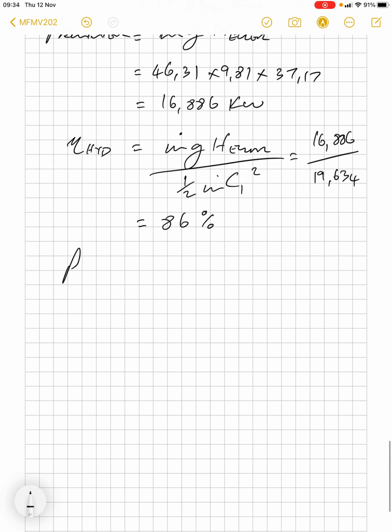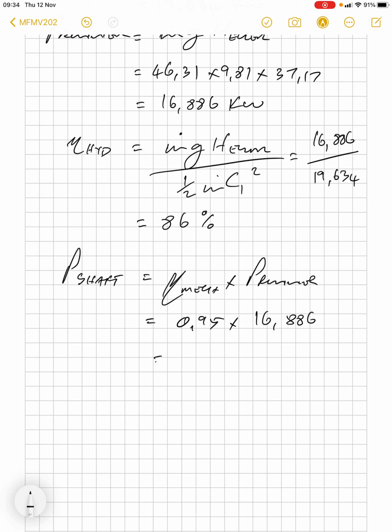So the power on the shaft, it's the power of the runner times the mechanical efficiency. So that's 0.95 times 16,886, which gives us 16,042 kilowatts.